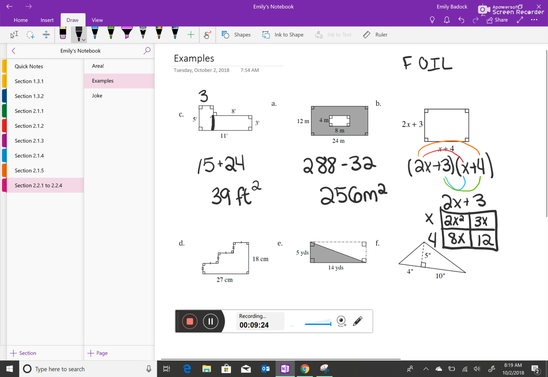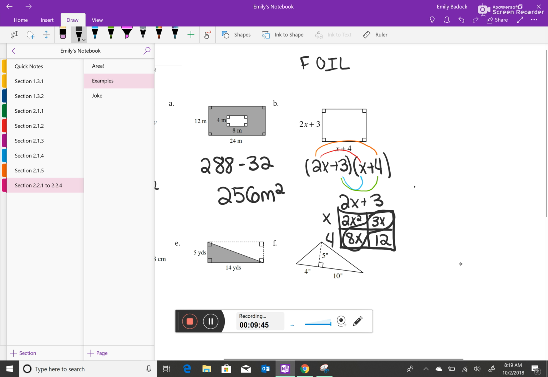Then the diagonals here should always overlap. So our final equation here should be 2x squared plus 11x plus 12.